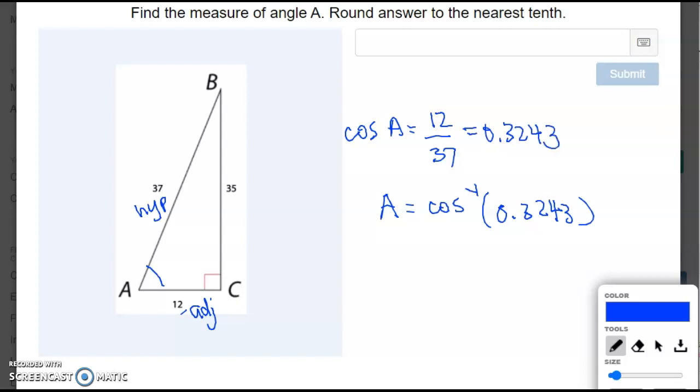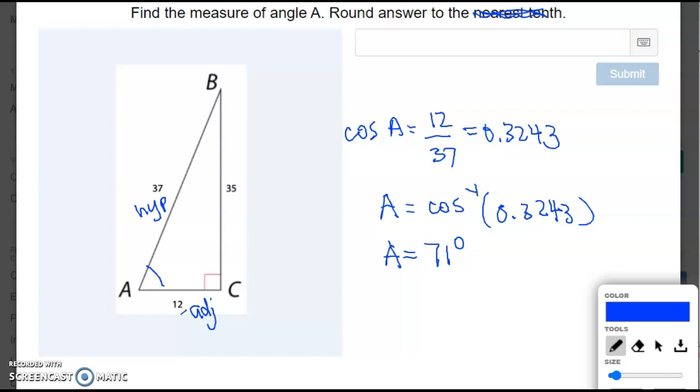Then I take the inverse cosine of 12 divided by 37, and I get the measure of angle A to be close to 71 degrees to the nearest degree.